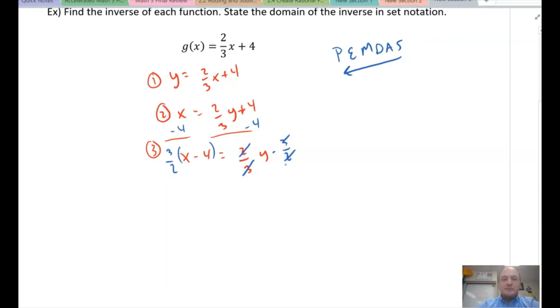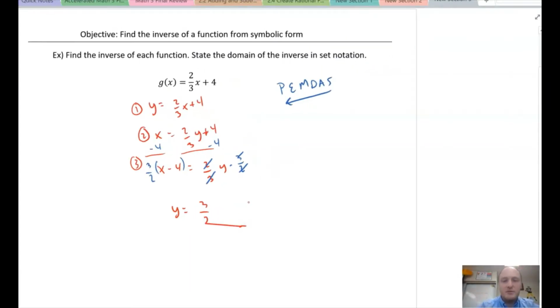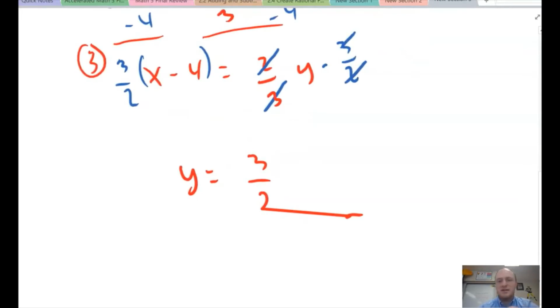And we have y is equal to 3/2. Whoa, look at that, that's cool. 3/2 x, minus 4 times 3/2. So 3/2 times 4 over 1.